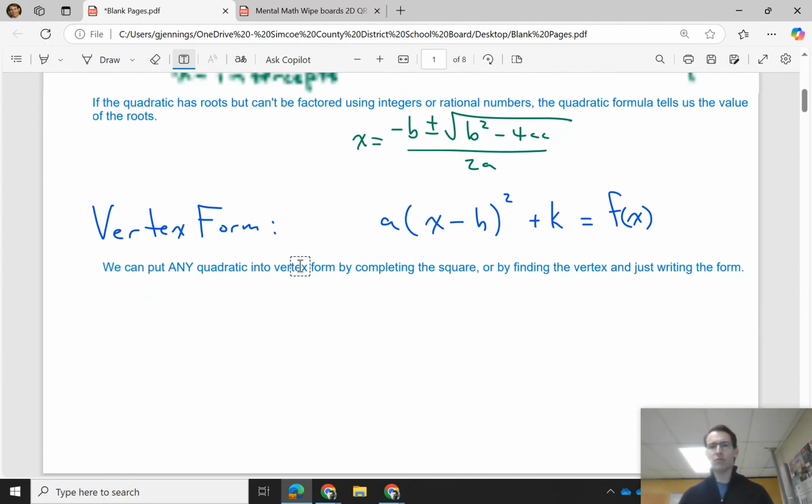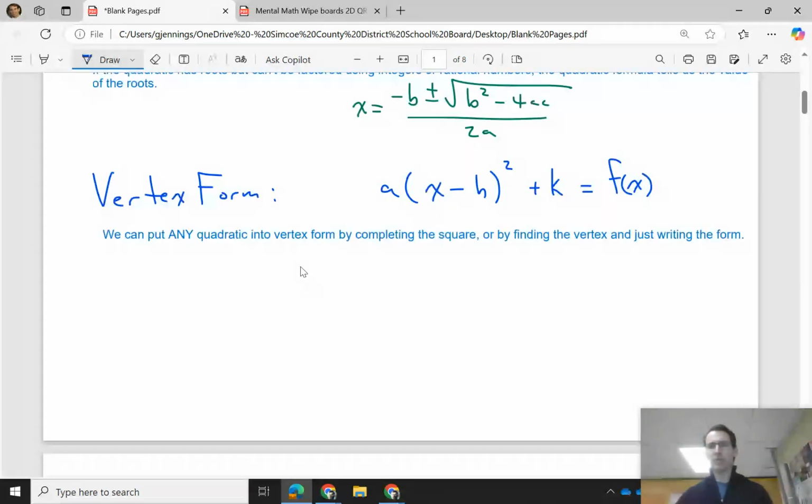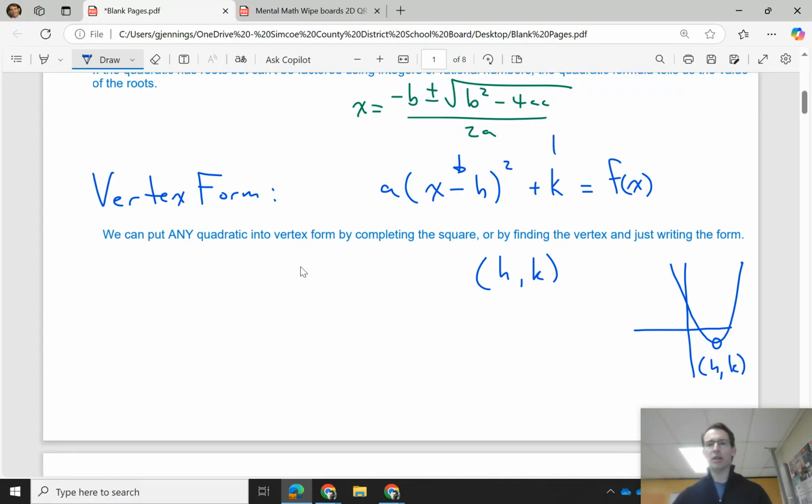A little sketch for you so that you have this represented. We're going to have this here as our random quadratic. Circle the vertex and label it (h, k). So the vertex (h, k) comes out of this form. Notice that one is a sign flipper and that one is not.